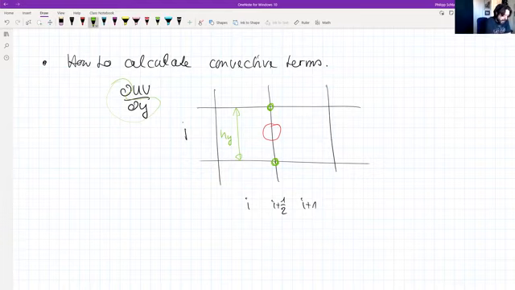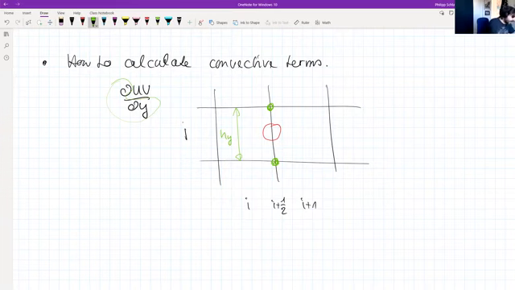Okay. So that would now mean that I would need to calculate u and v on those points here to be able to do these finite differences.